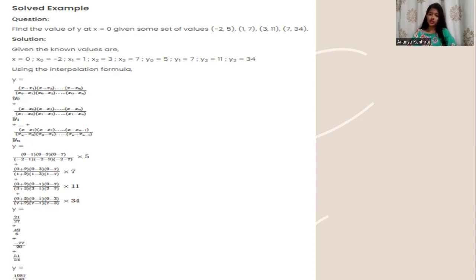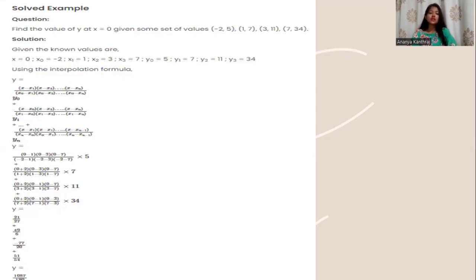So what is the solution for this question? Given that the known values are x equal to 0, x0 is equal to minus 2, x1 is equal to 1, x2 is equal to 3, x3 is equal to 7, and y0 is equal to 5, y1 is equal to 7, y2 is equal to 11, and y3 is equal to 34.